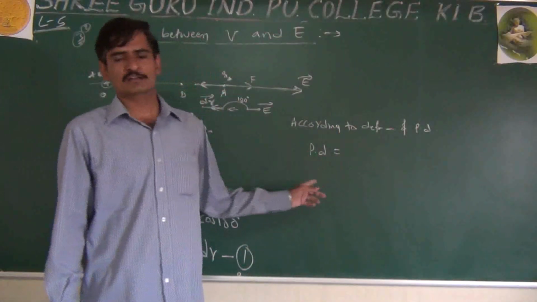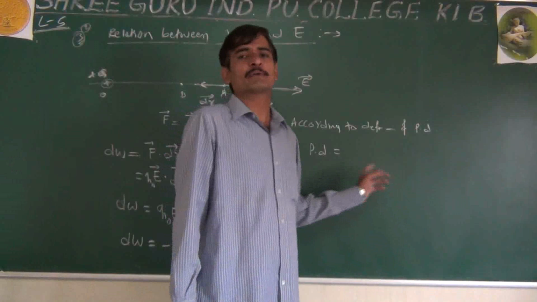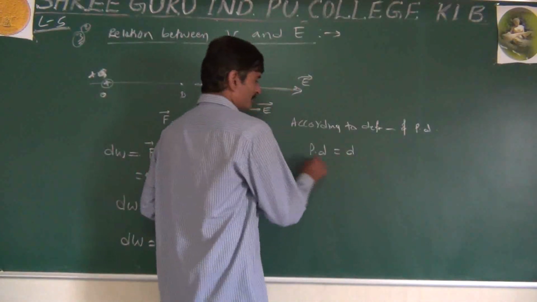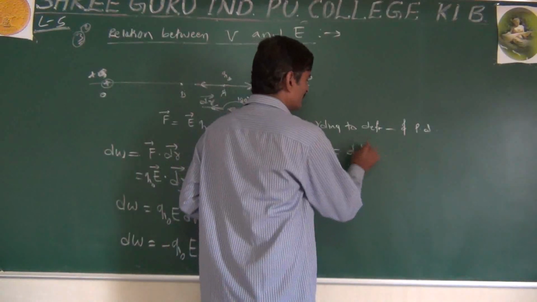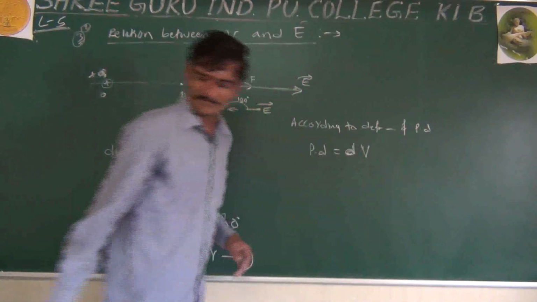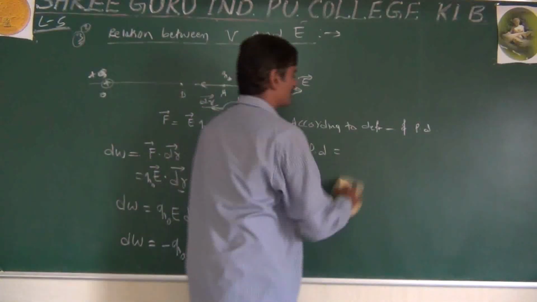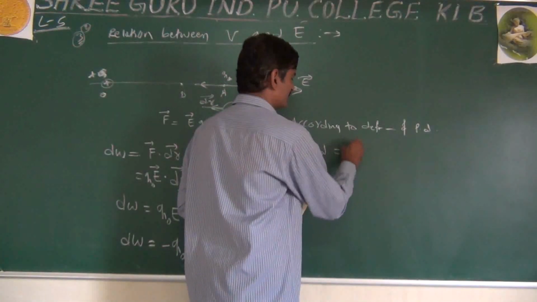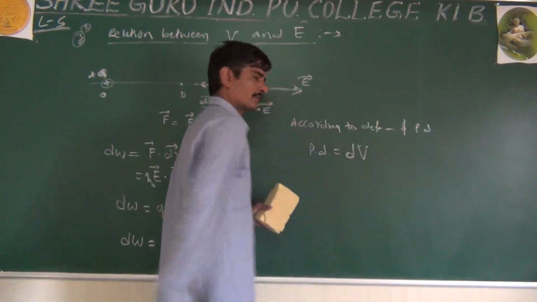That is the potential difference, PD. We write it as delta V, or for small values we use dV.